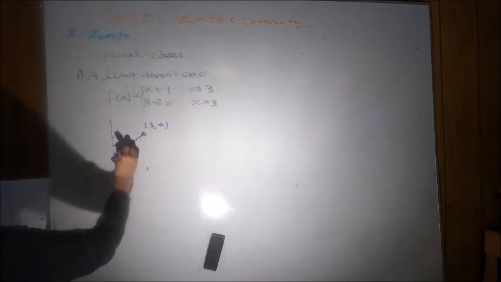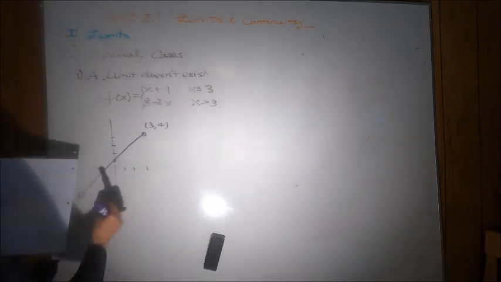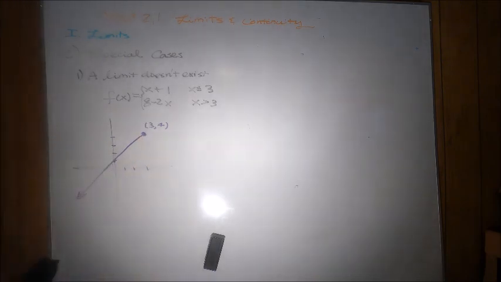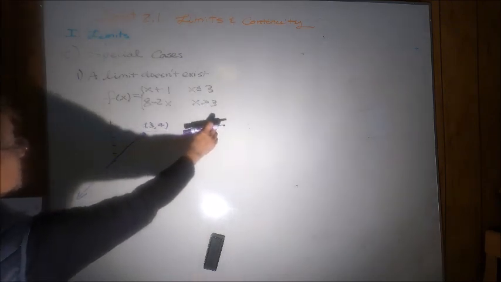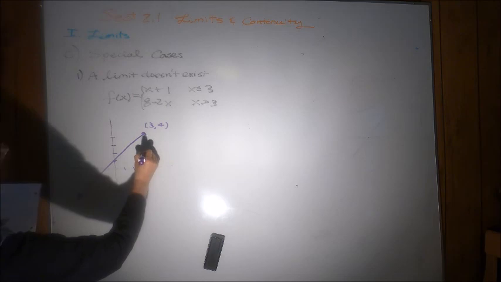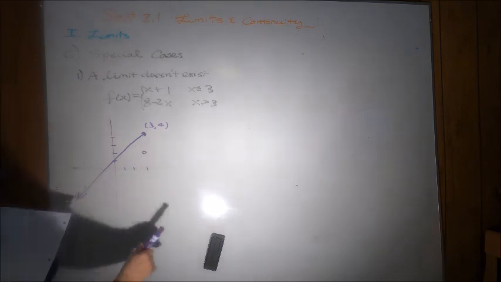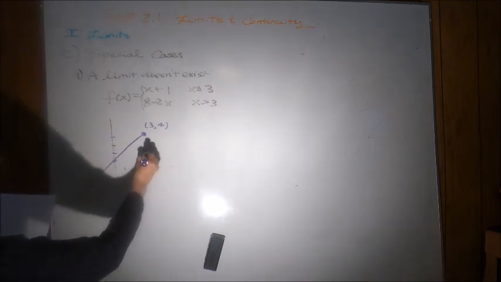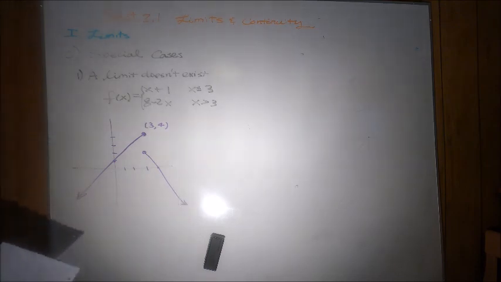So when I graph, if x is less than or equal to 3, it includes this point. Then for this one, if x is bigger than 3, it is not equal to 3. When x is 4, y is 0. So you have this graph. What kind of graph do we call this?